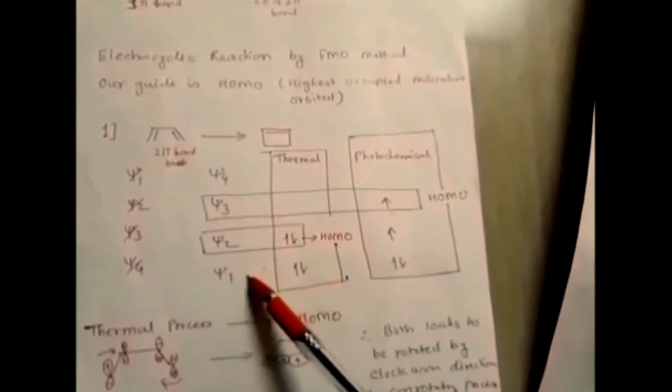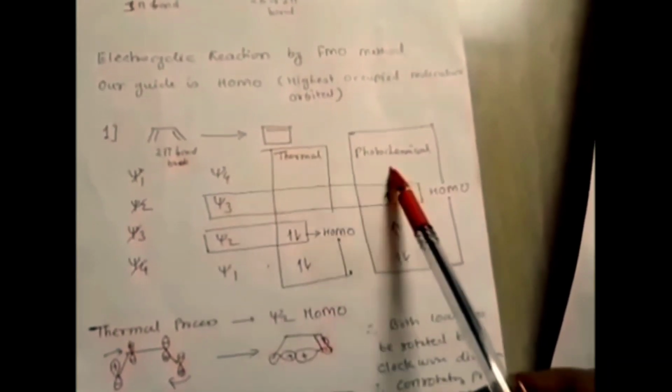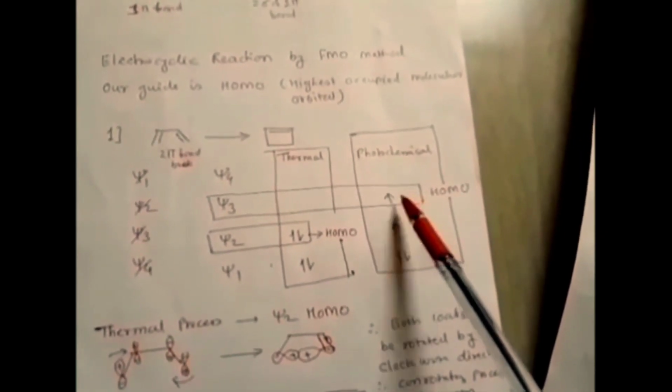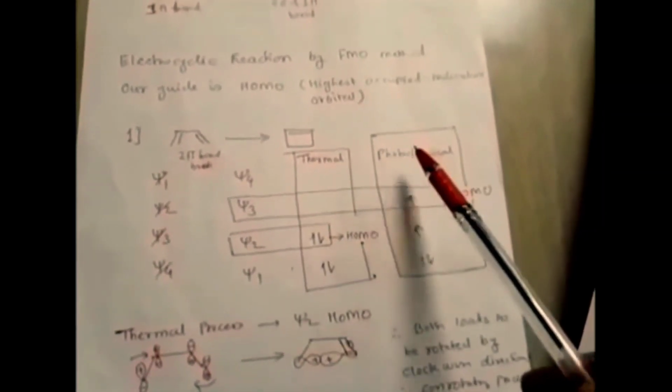Now electron is present here, here also, and here also, but not here. So this is the highest orbital where electron is present, that's why this one is HOMO. So in thermal reaction, Psi2 is HOMO, whereas in photochemical reaction, Psi3 is HOMO.